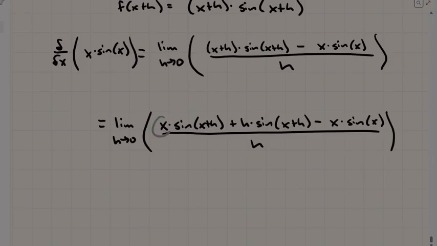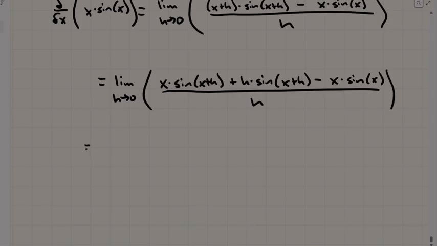Notice now that this one and this one have an x, the other one does not. So we want to group them by if it does or doesn't have an x. And we can go ahead and split the fraction while we do that. And so then that would be x. Now, if we factor out that x, we've got sine of x plus h. And then factor it out of this third term, we get minus sine of x.